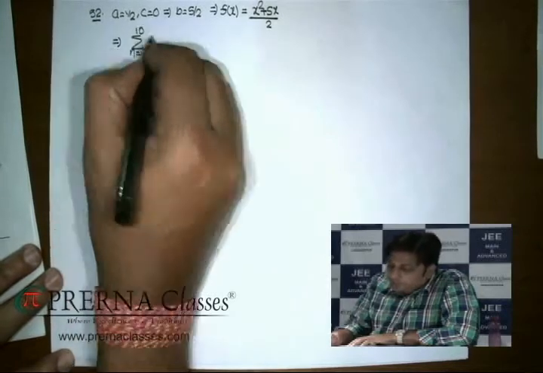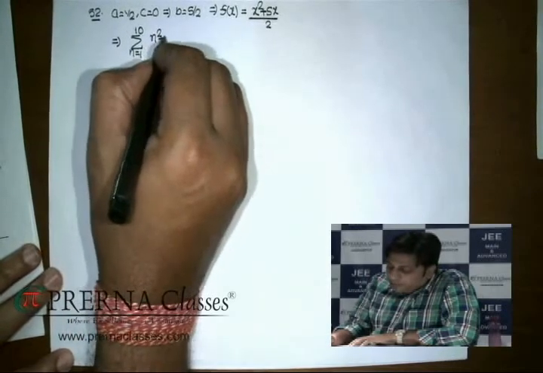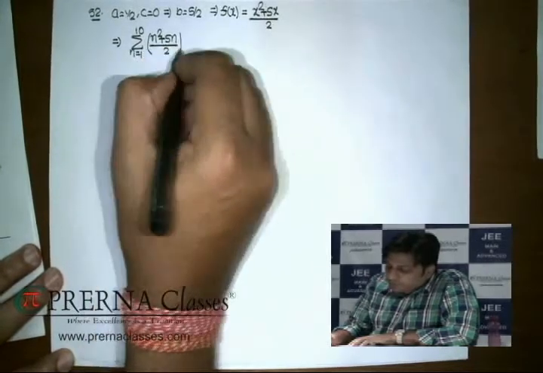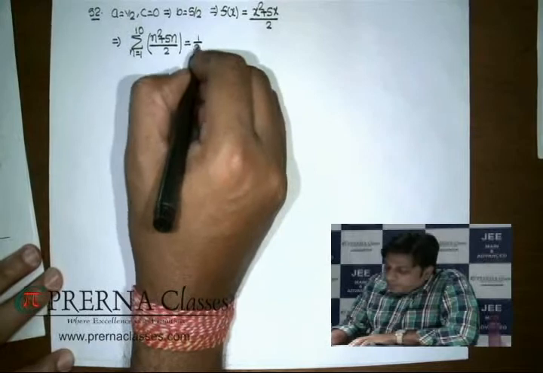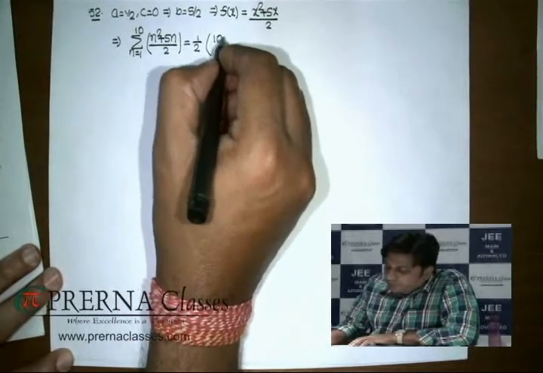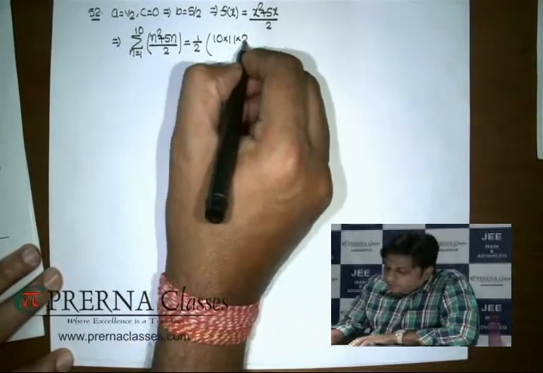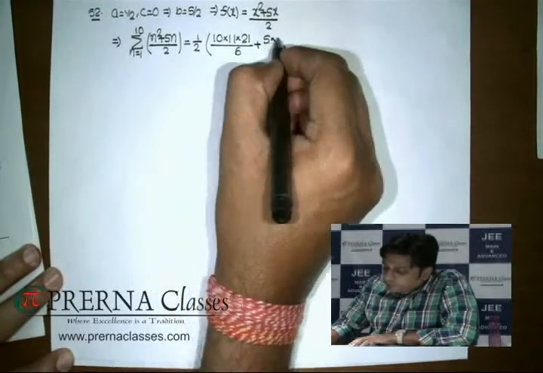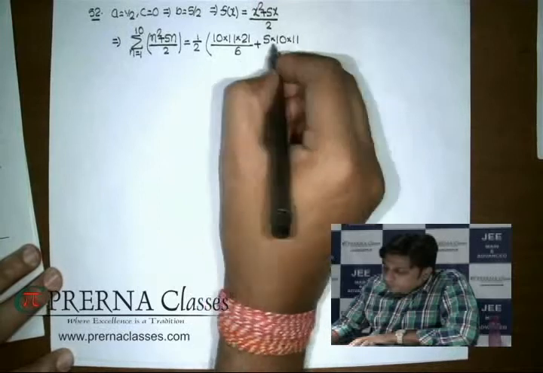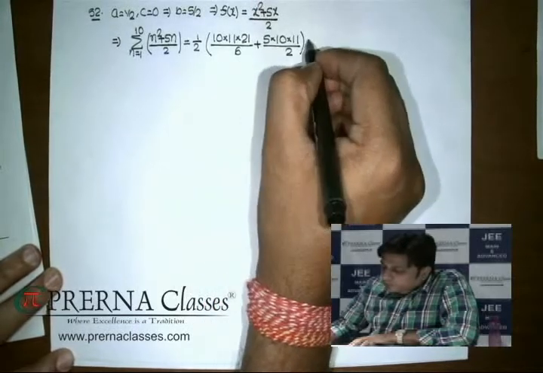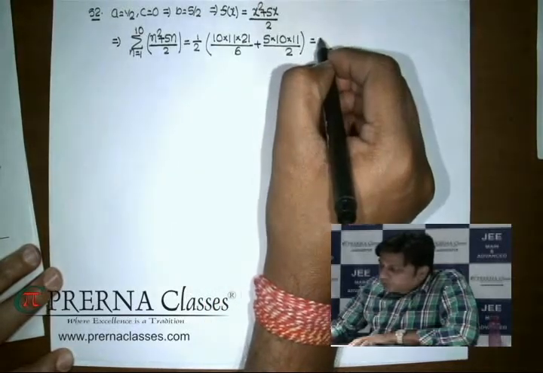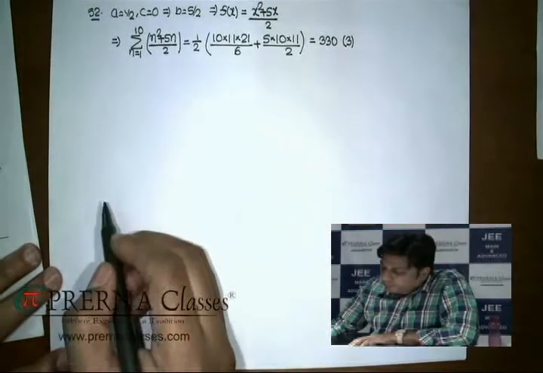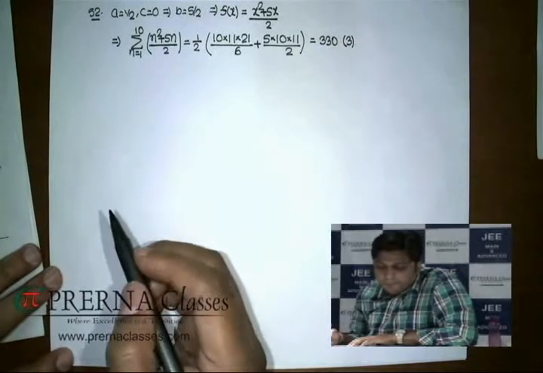Sigma n equals 1 to 10 f(n), that is (n square + 5n)/2, then is going to match with half of this quantity. This one computed will turn out to be 330, which is the third option in this set.